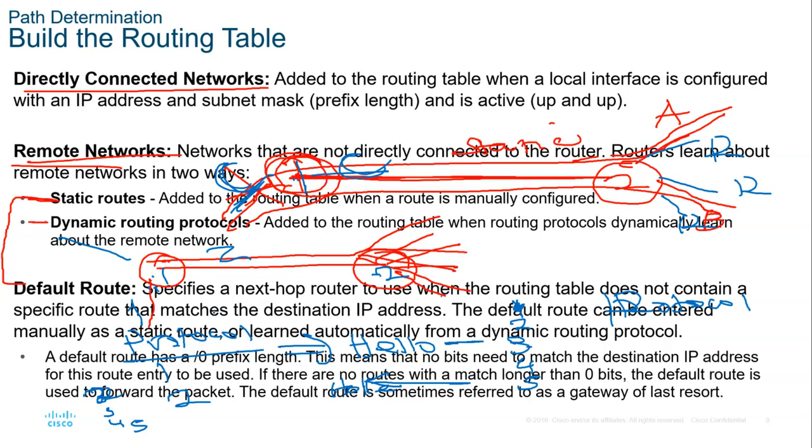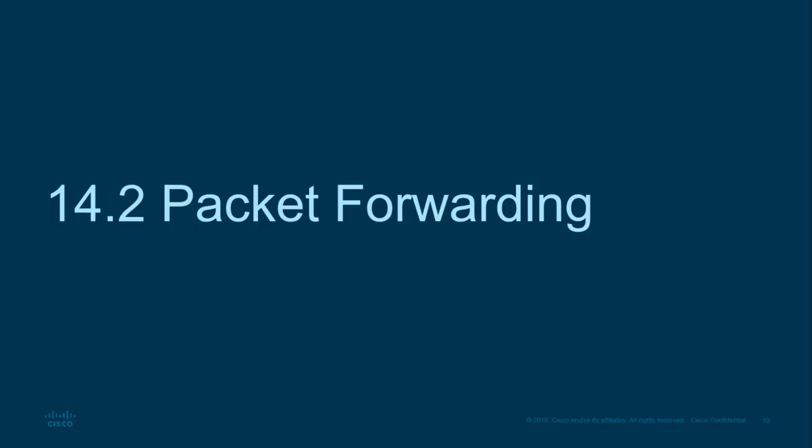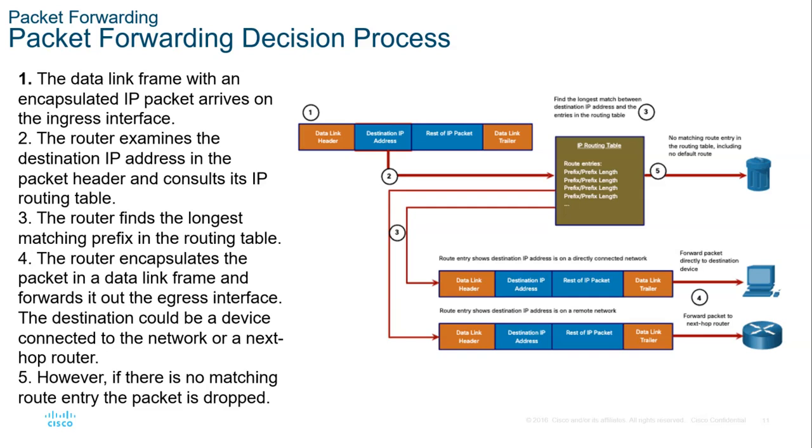Since 2 is already known here, it's not going to be updated in this routing table. But 3, 4, 5 are not known by this router, so it will capture them. So that is how the dynamic routing protocol learns the remote networks. Then the static and default routes are configured by the network administrator. Packet forwarding.